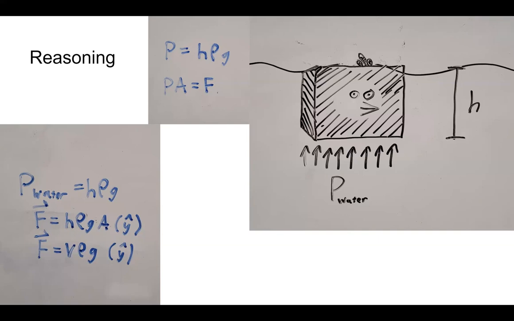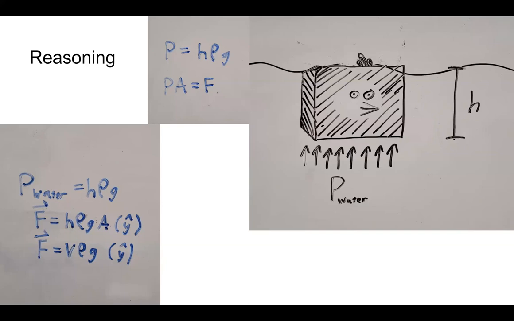And then you can combine H times A, the height times the base of an object, which is just the volume of that object, at least for certain types of shapes like prisms. And then we can get the final equation, F equals V times rho times g. And that's all in the Y direction because the pressure is acting upwards on that bottom face.